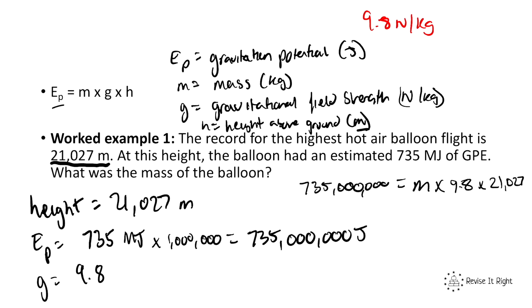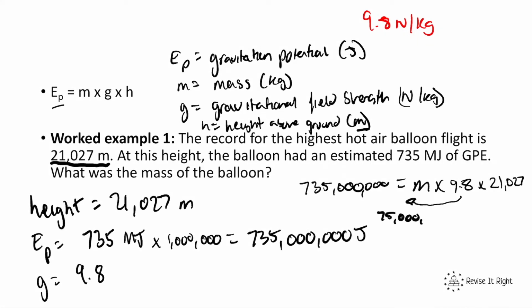Now we need to move these across to get mass on its own. So we can move that across by dividing by 9.8 because it's a times on that side. So 735 million divided by 9.8 comes to 75 million.